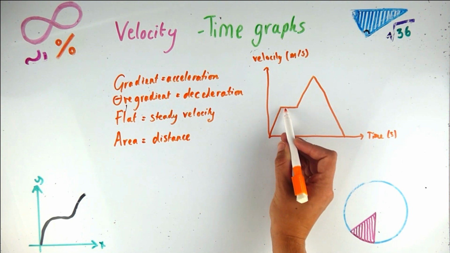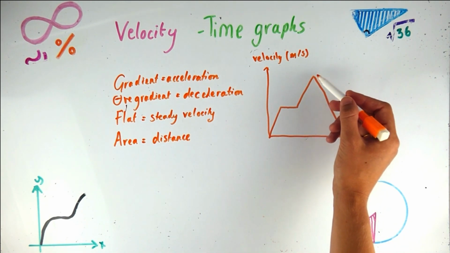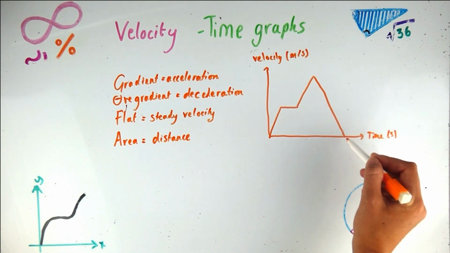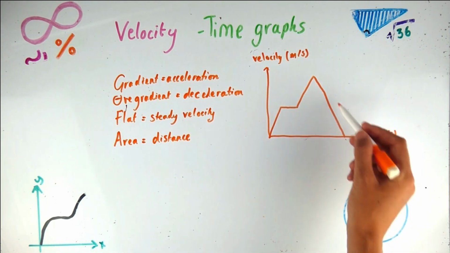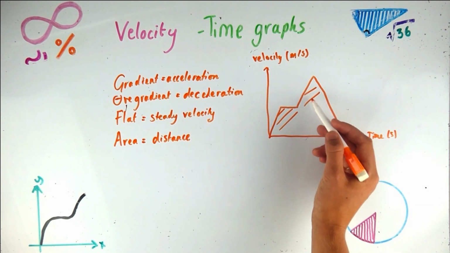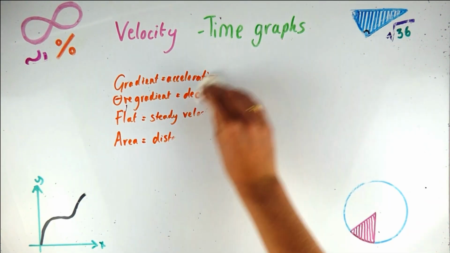Then it accelerates again to an even greater speed, and then here it decelerates, so the speed of the car gets slower. And the area under here, all this area, equals the total distance travelled. Okay, so now I'm going to show you an example.